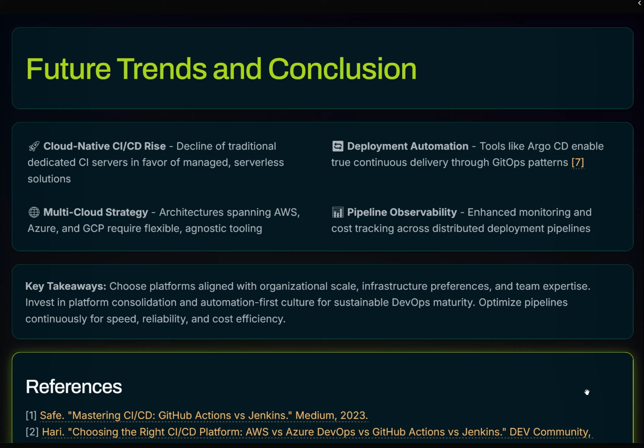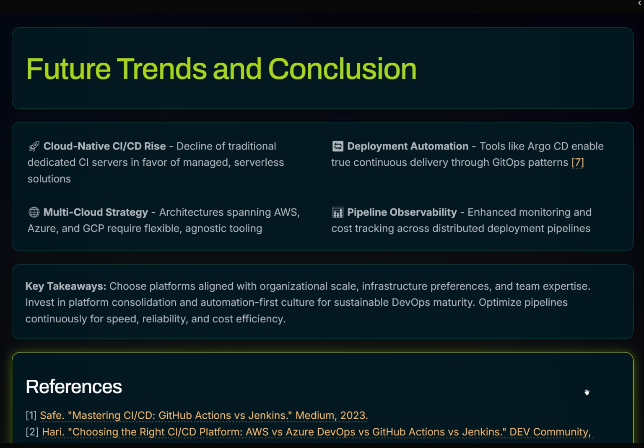So briefly, I'm going to discuss future trends and the conclusion before ending this video. Cloud native CI/CD is on the rise, right? There's a decline of traditional dedicated CI servers in favor of managed serverless solutions these days.